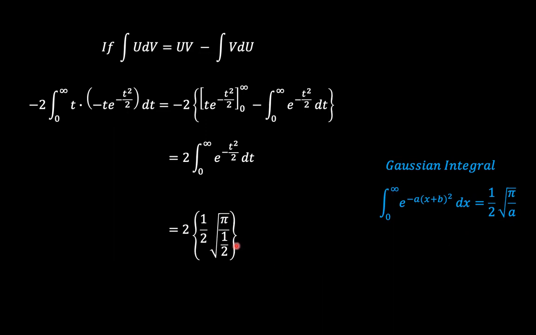Our a is half, so over half. And so this 2 and this half cancel, so we're left with 1. And then since we have a half in our denominator, this 2 goes up. And so our answer becomes the square root of 2 pi. And that is the answer for the seemingly benign problem, but quite intricate.